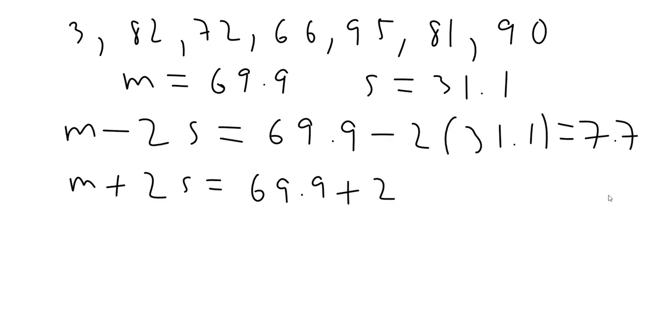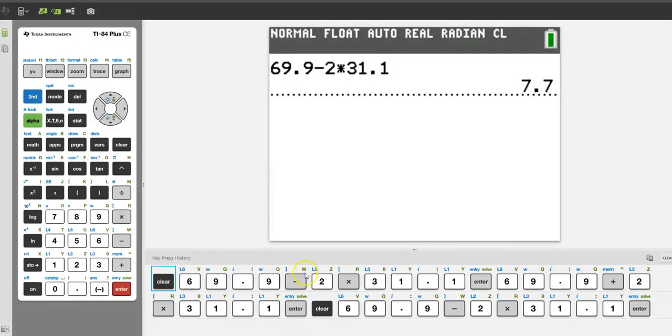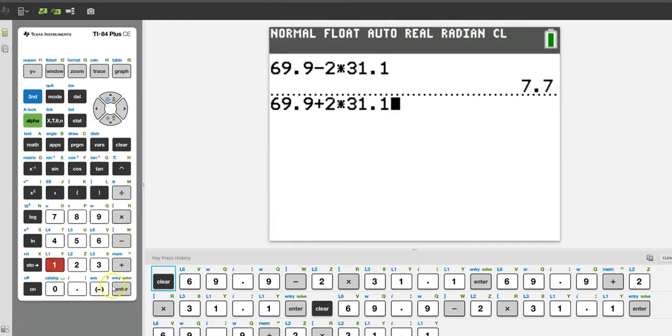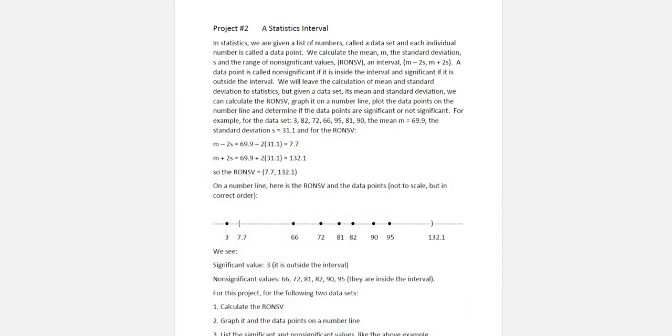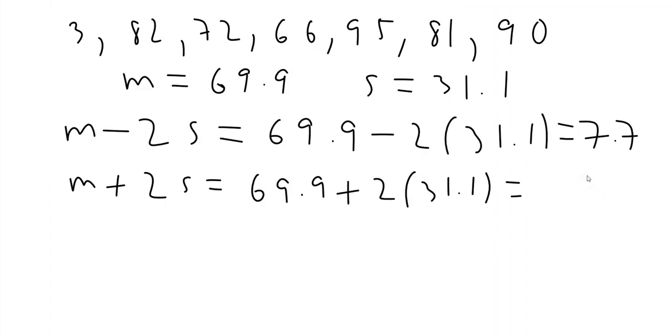69.9 plus 2 times 31.1 on the calculator. 69.9 plus 2 times 31.1, and that comes out to 132.1.